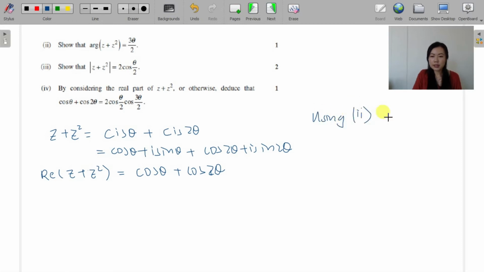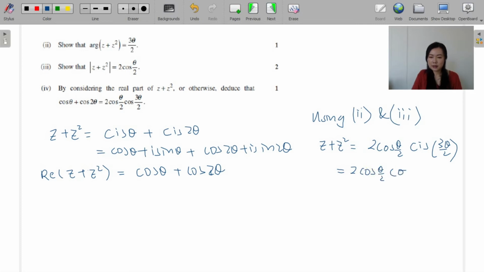Now the other expression, using parts 2 and 3 to assist us, we can see that z plus z squared is also equal to the modulus times cis of the argument, so the modulus of that times cis 3 theta on 2. So the real part is that times that.